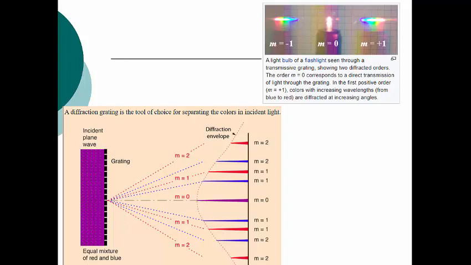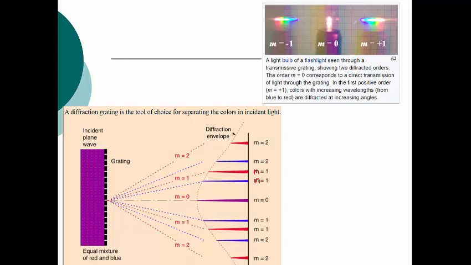Here's our blue light, here's our red light. So here, when we first see the blue light, that's n equal to 1. When we see the red light for the first time, that's also n equals 1. It's just a different wavelength of light. And here we have n is 2 for the blue, and then n is 2 for the red.